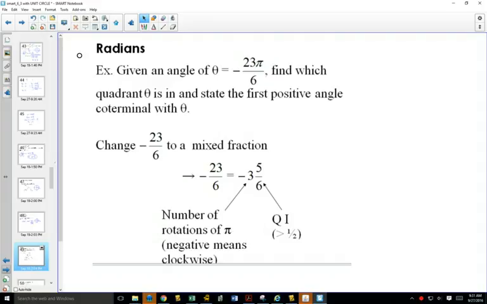So we're going to look at how I can tell quickly, just looking at negative 23 pi over 6, that it's going to be in quadrant 1. The way that we're going to do that is to look at that fraction of pi, the 23 over 6, and change it to a mixed fraction.